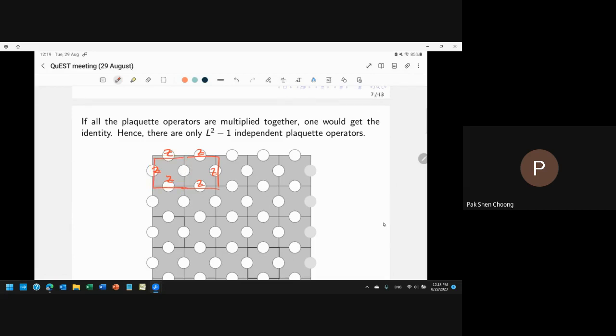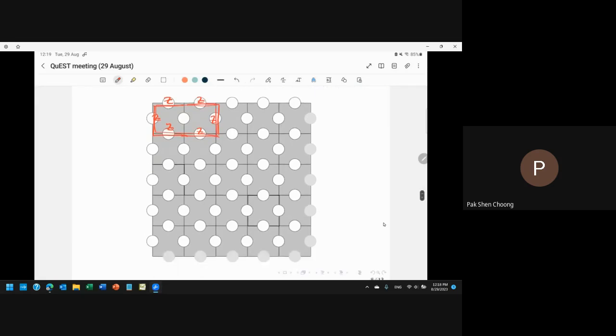So now your plaquette operator becomes something like this. Similarly for your vertex, if it is X, X, X, X, and I multiply another vertex operator, X times X equals identity, so you just join together.